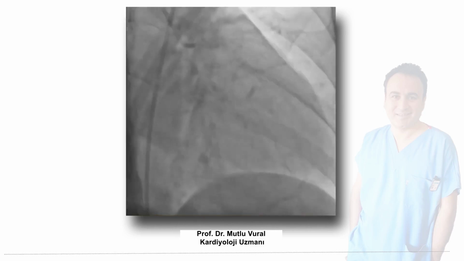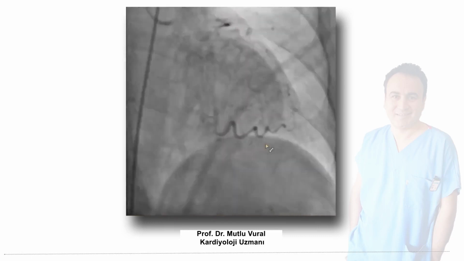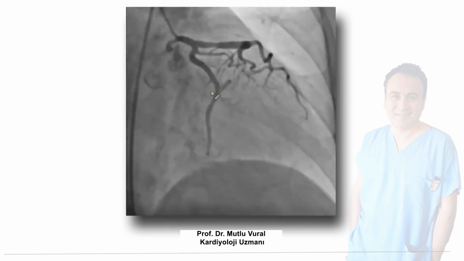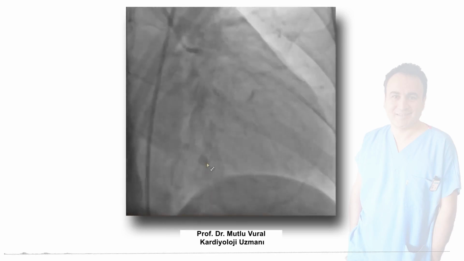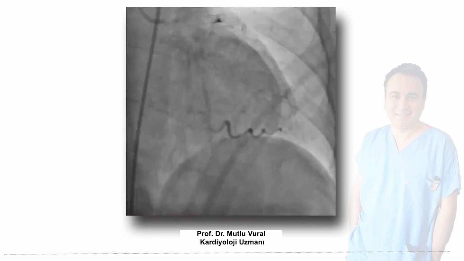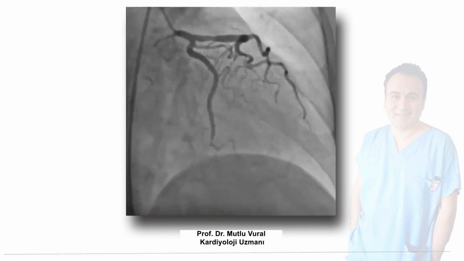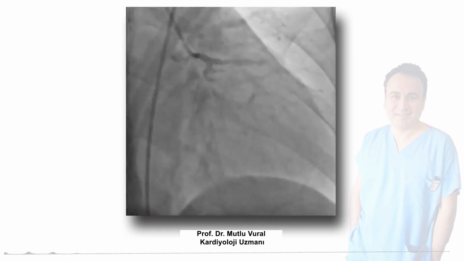And in case of dominant RCA, circumflex artery is not so big. It is this much. As you see, this is the culprit lesion.